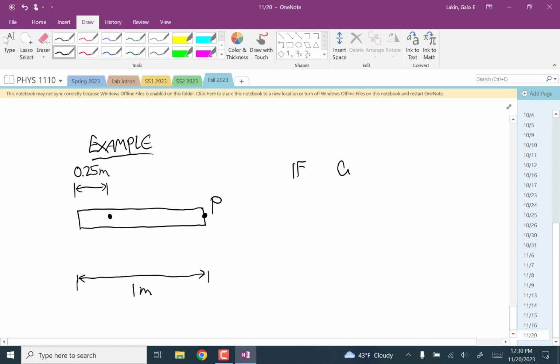If the angular velocity of this board is negative 10 radians per second, what's the velocity vector of that point P?